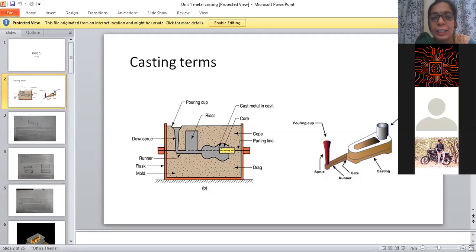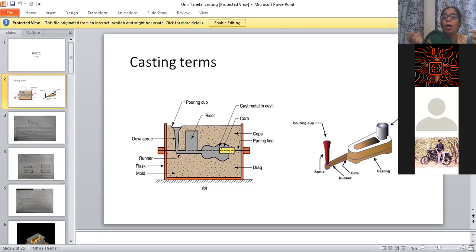This is molding sand composition. It's not much important, just make a note. The sand which you will use for casting has a composition of three materials. The first material is silica, the second is clay, the third one is water.